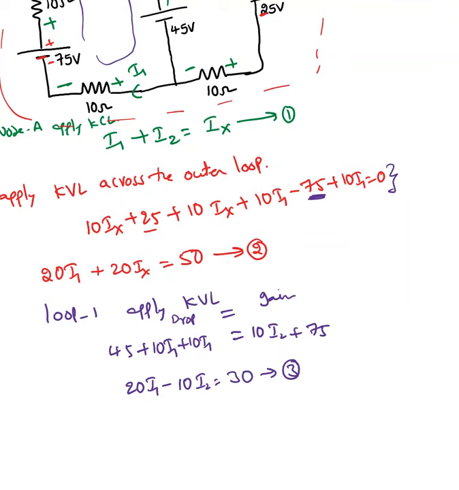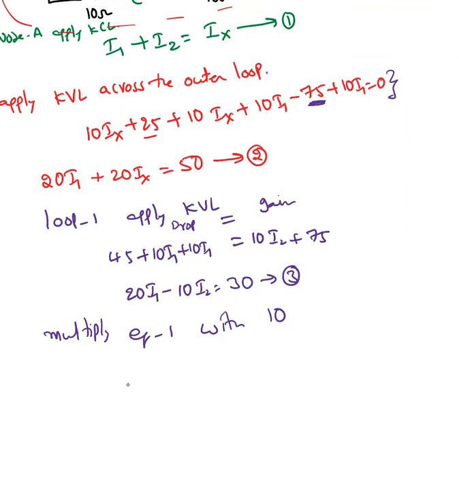So I have three equations and three unknowns. My goal is finding Ix. Let me solve this. Multiply equation 1 by 10. I will end up with 10 I1 plus 10 I2 equals 10 Ix.